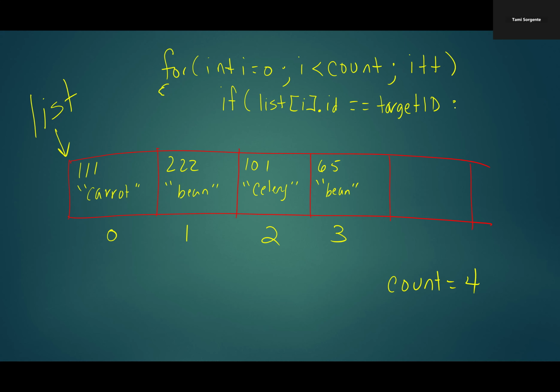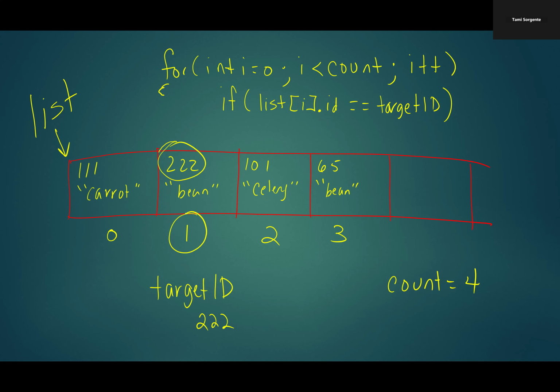Say, for example, our target ID is 222. If our target ID is 222, then we found a match here. So this is going to be our index. That's what we want to find. We want to find the index.